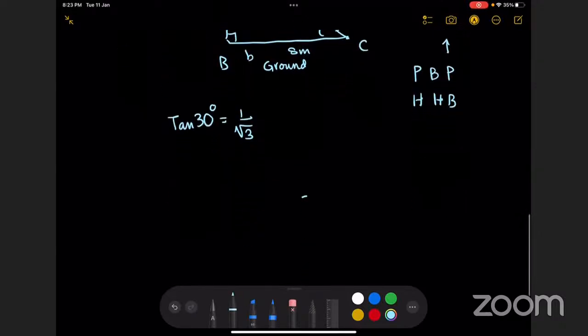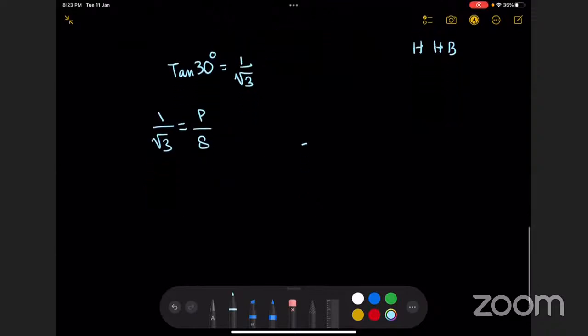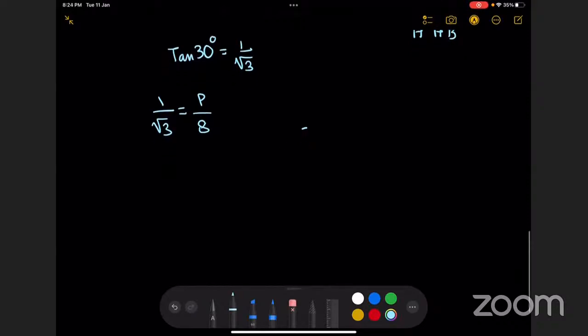Okay. So 1 by root 3 equals the perpendicular upon 8. I'll multiply everything by root 3.